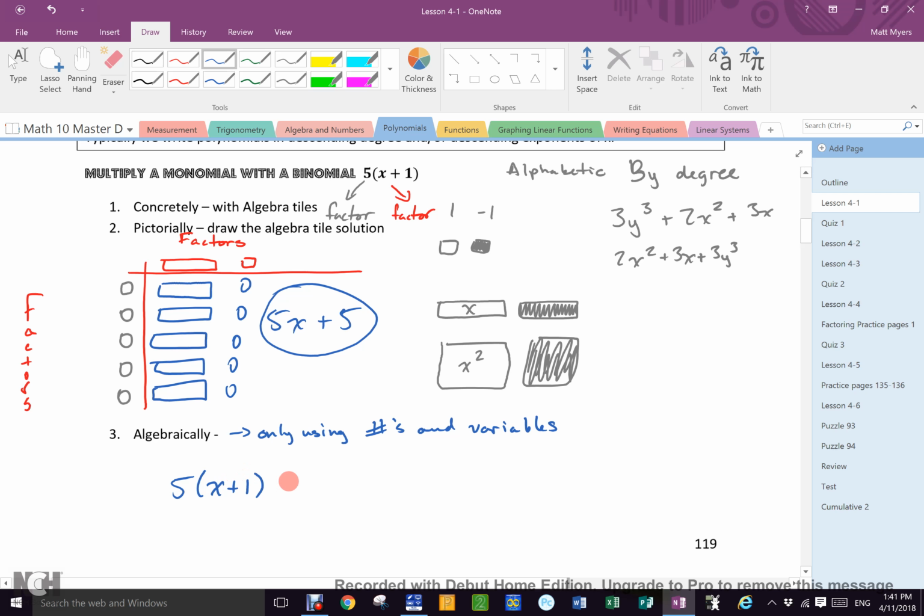Now what that means is 5 times x plus 5 times 1. Now this seems really elementary, and it is, but for some reason, if I stretch this out a little bit, all of a sudden the fact that you can do this in your sleep, you forget how to do it. And I don't know why.